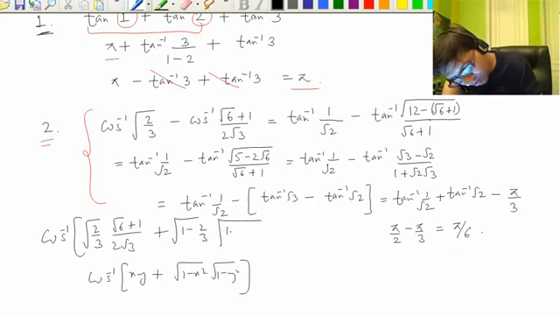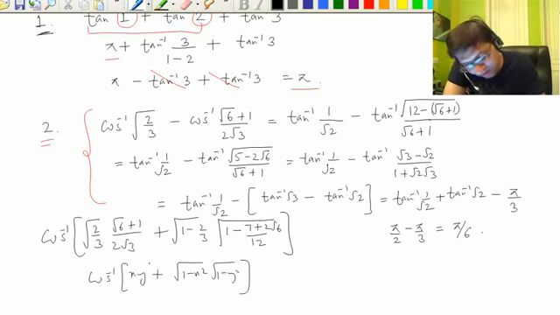Root of 1 minus the square of this: square of denominator is 12, numerator is the square of this, meaning 7 plus 2 root 6. Right? And then we simplify. You can do it yourself, it is done in the module. So the answer will come pi by 6. So this is obviously the easier approach.